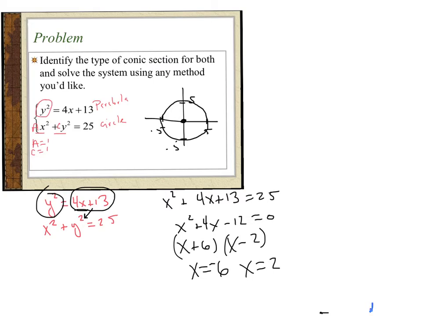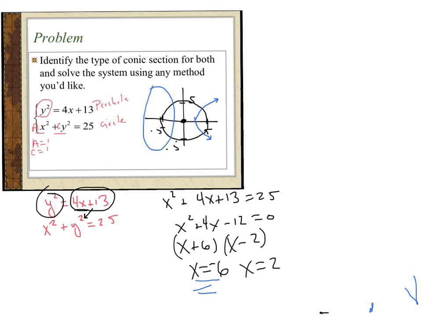So I don't know exactly where it's going to be, but I'm thinking it's going to be something like this.